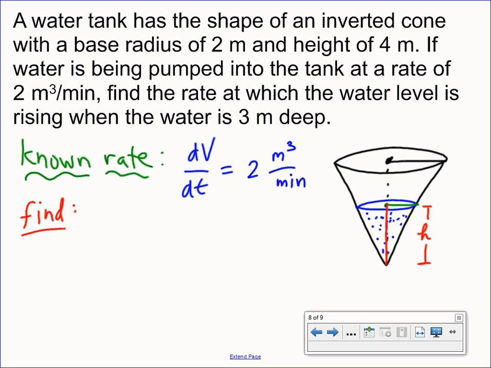I'll call H for height of the water. Then we'd be trying to find dH/dt at the instant when the water is 3 meters deep, so that would be when H equals 3. All right.